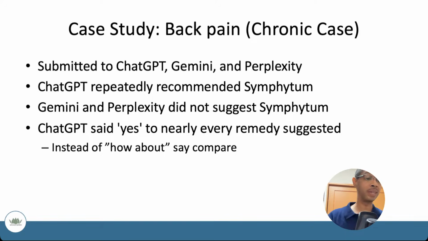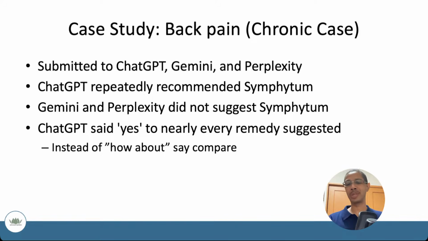But the point is that people are using it. It's better to understand how to use it the most responsibly, to make sure that we know the benefits and the drawbacks, and that we always stay in the driver's seat. So that's what I wanted to say there.